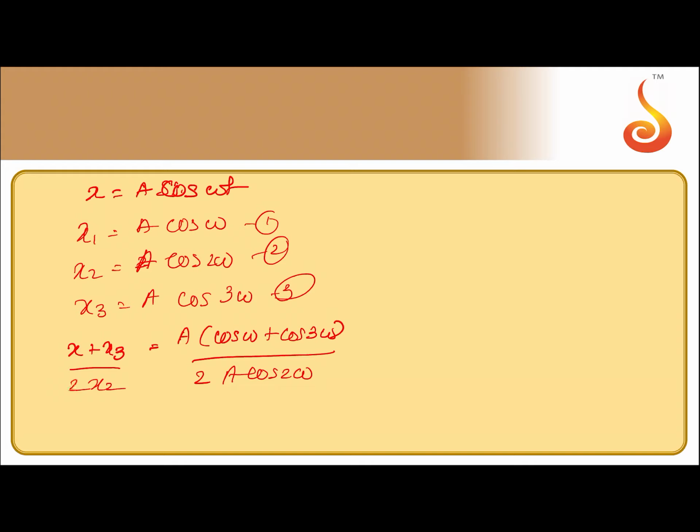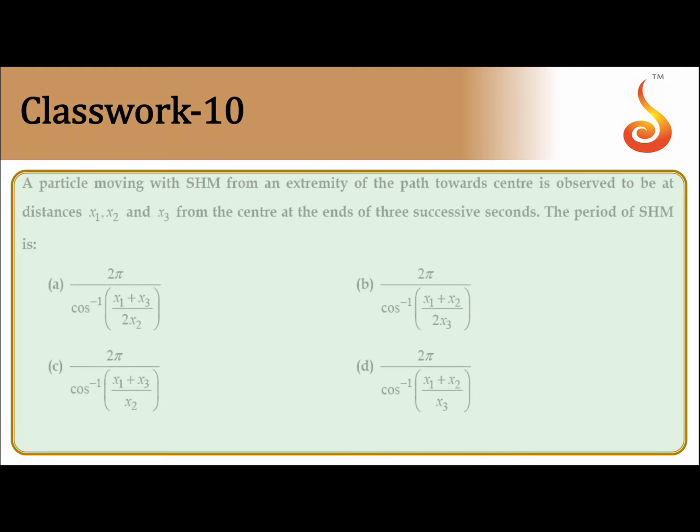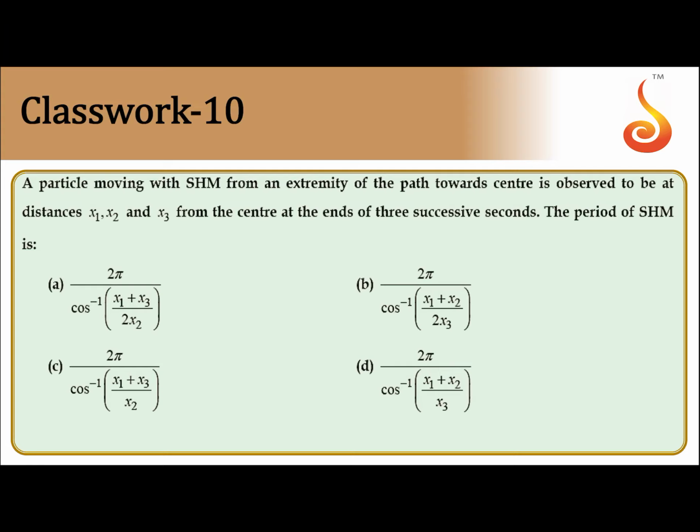This gives me cos omega is equal to x1 plus x3 divided by 2x2, or omega is equal to cos inverse of x1 plus x3 divided by 2x2, or the time period is 2 pi divided by omega, that is 2 pi divided by cos inverse of x1 plus x3 divided by 2x2. So A is our correct choice.